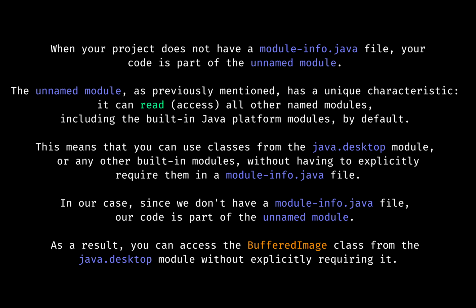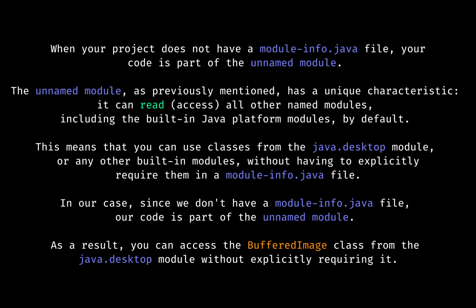That is because my project is functioning like an unnamed module. And like I mentioned earlier, in an unnamed module, your code can access any exported package from named modules without having to require it.